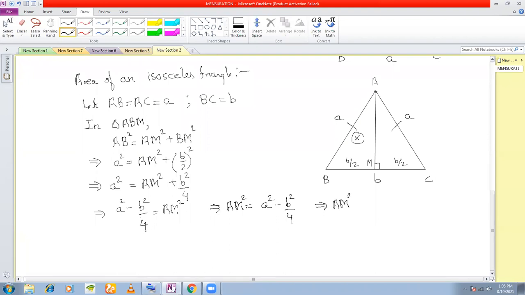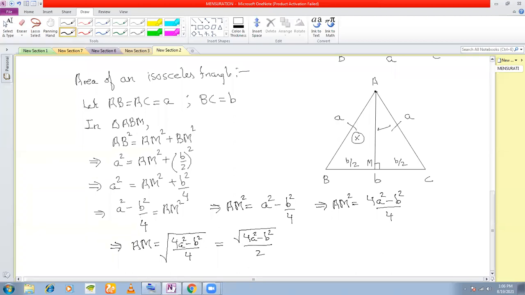AM square is equal to 4A square minus B square by 4. That means what is AM here? Square root of all this. So this becomes square root of 4A square minus B square divided by 2.